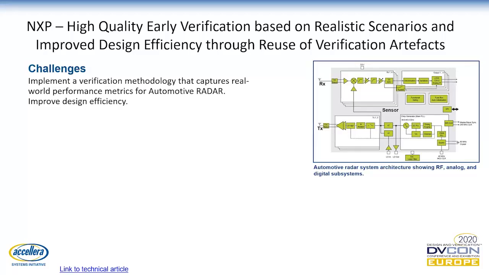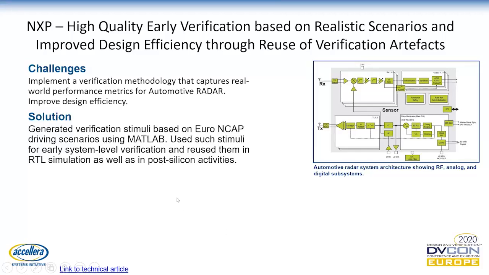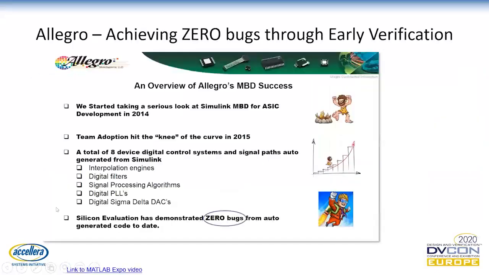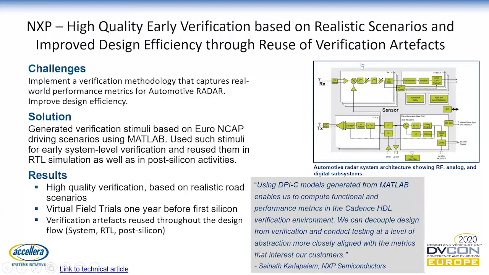So basically, they were reusing a lot of different parts in different stages, and that has saved them a lot of engineering time. The results that they had: they have run virtual field trials on realistic road scenarios for the full system early in the flow, basically 1 year before the first silicon, as you can see written here on the slide.